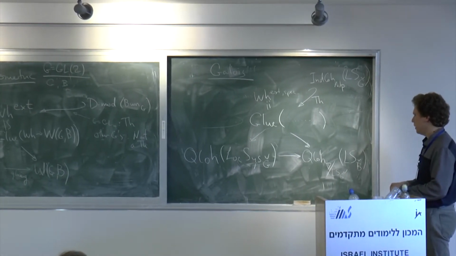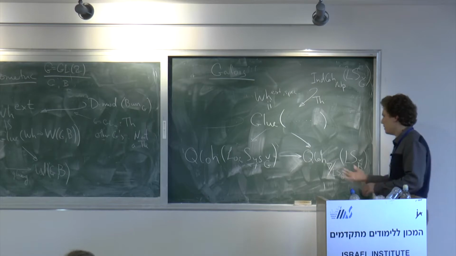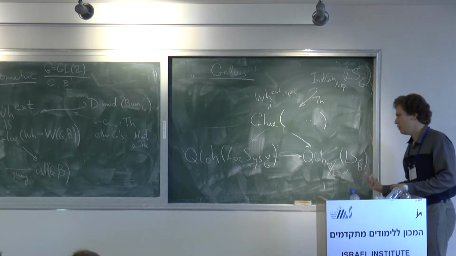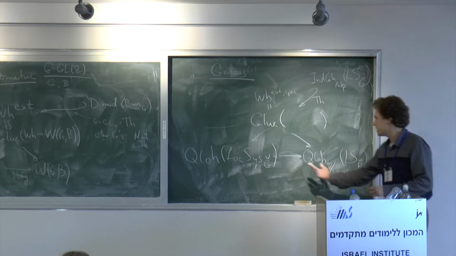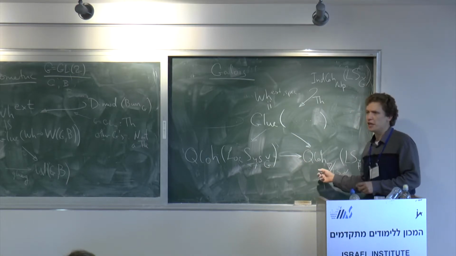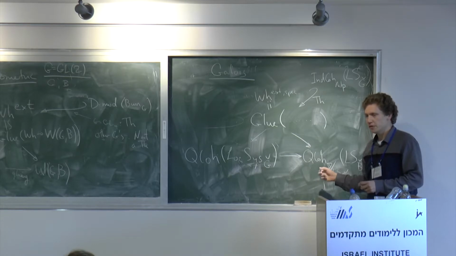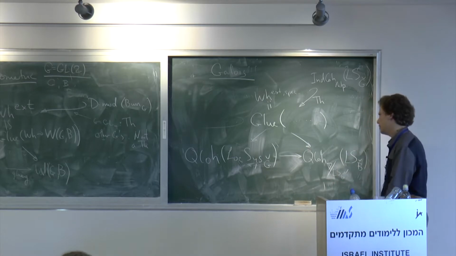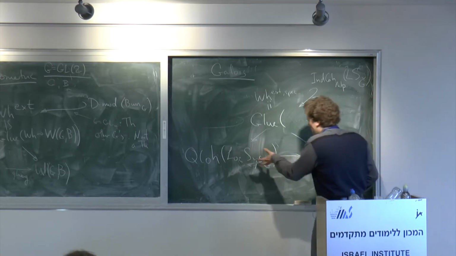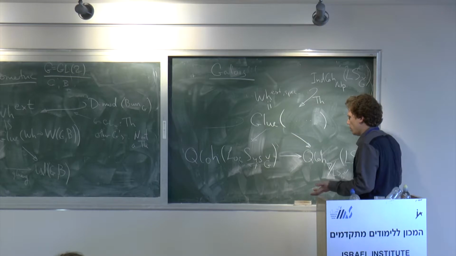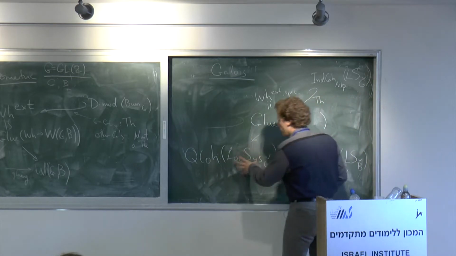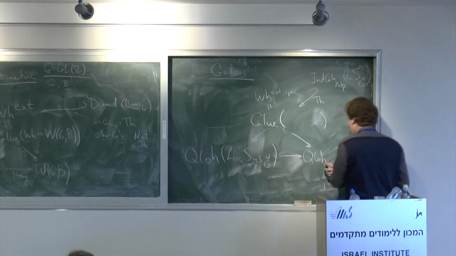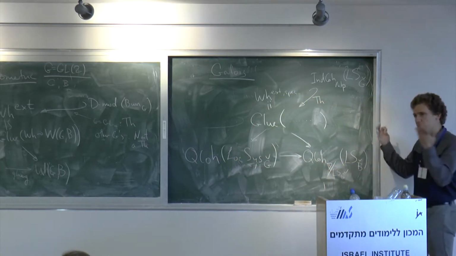For example, the point is that this is somehow over-communicating. I didn't actually say what this functor is, but this functor is a kind of pullback. This is G, this is B. So there's a map in one direction, and so the functor is a pullback. In particular, if we have a quasi-coherent sheaf on the stack, we're going to remember this sheaf, and we're going to remember its pullback to the B version.